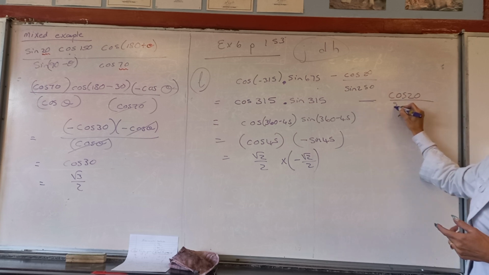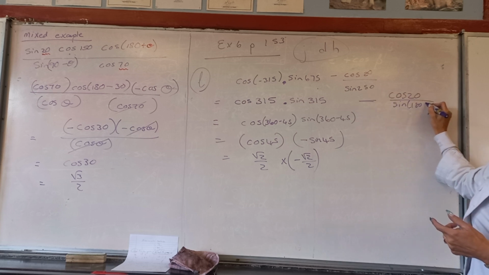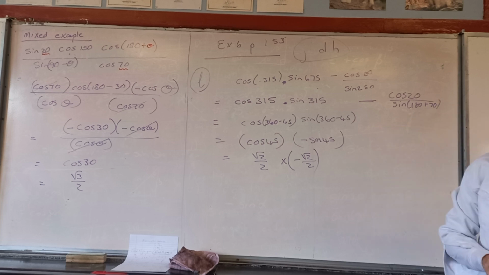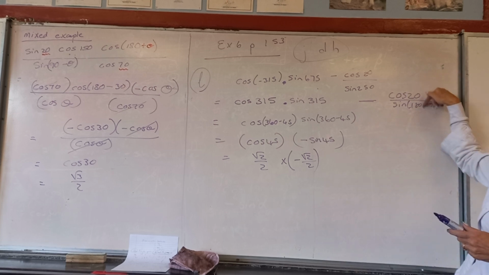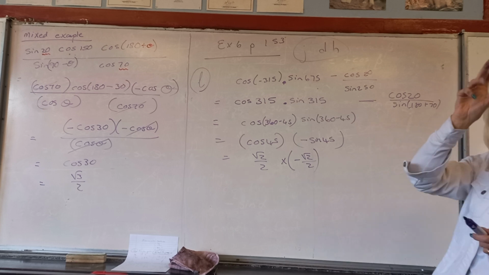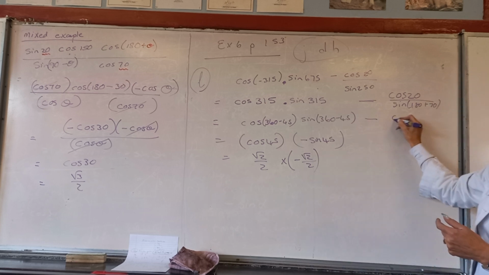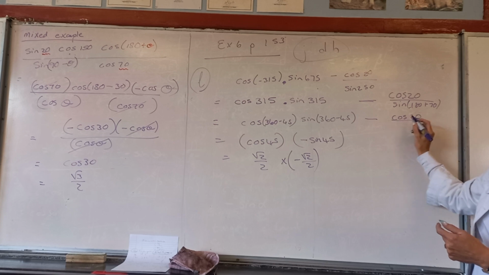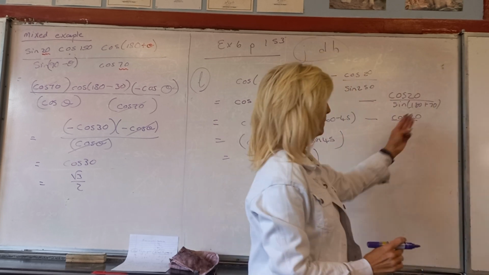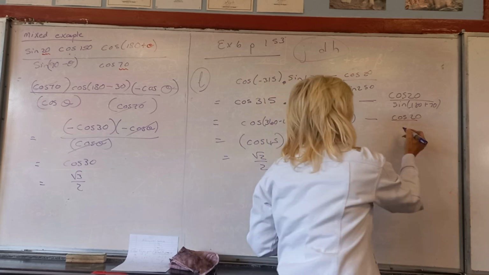So you're going to have 180 plus 70. See something? 20 and 70 coming. Are you with me? Okay, minus. So cos 20 will stay cos 20, but this will then become sin 70, right?